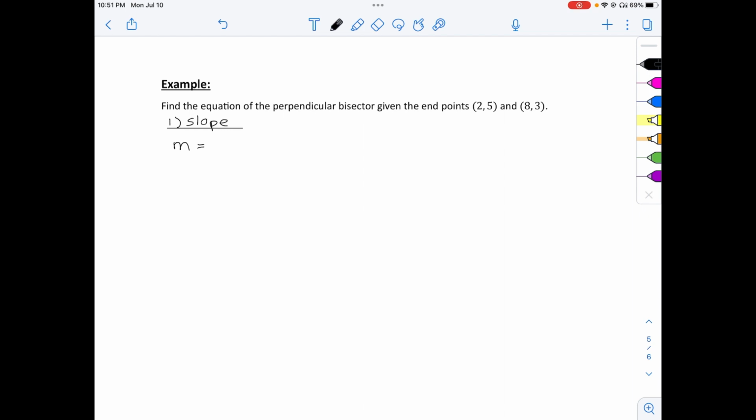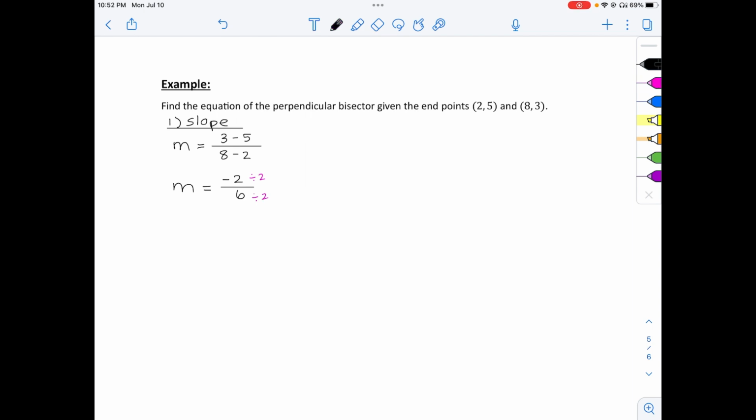So I'm going to do 3 subtract 5 divided by x2 subtract x1, so 8 minus 2. And then we simplify, so 3 subtract 5 is negative 2. 8 subtract 2 is positive 6. And we are seeing if we can simplify that fraction any further. So we can divide both of these by 2.